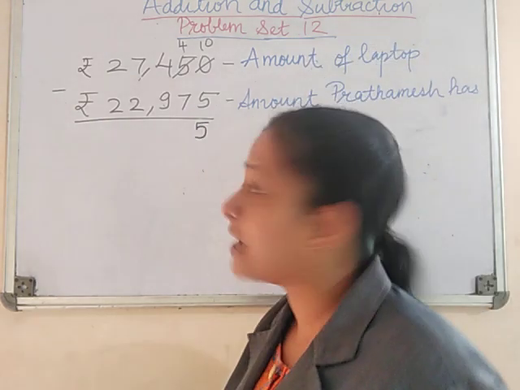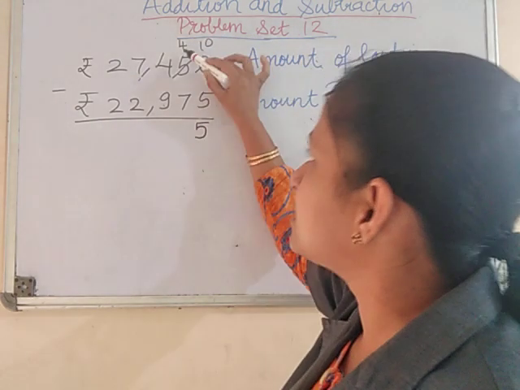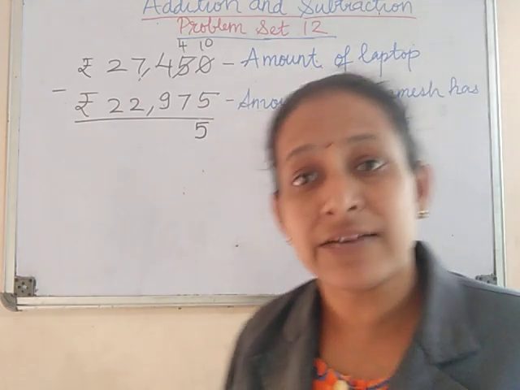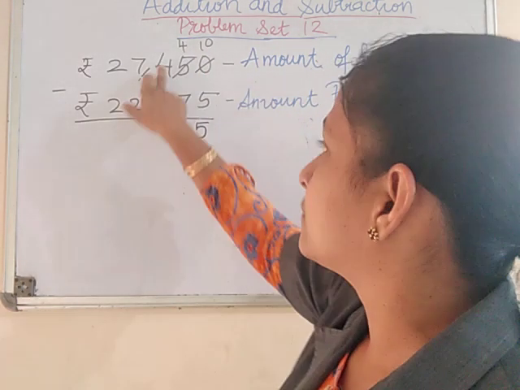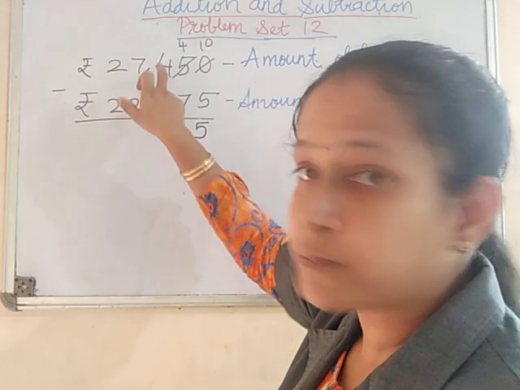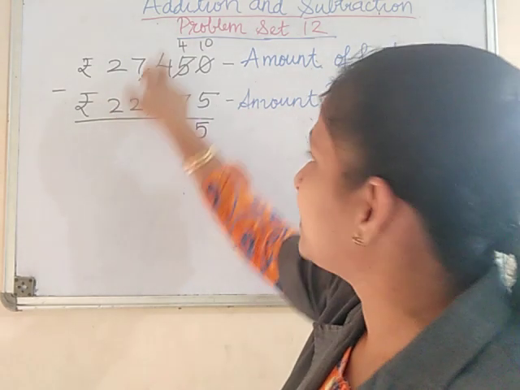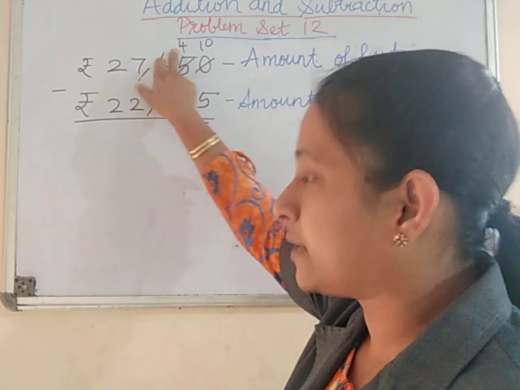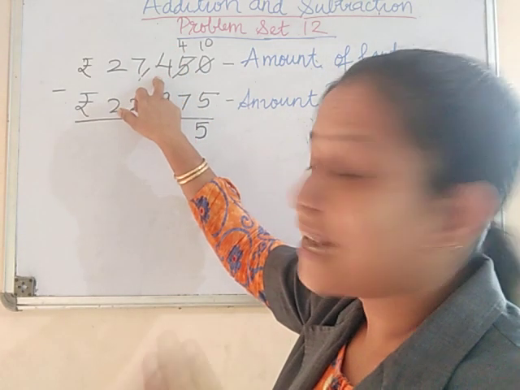Everybody knows that, right? Now here we have 4 and we have 7 here. 4 is again less than 7, so we have to borrow again, one from here. This is in the 100 place. When we write it here, we will write it as 14, but actually we are borrowing 100 from here.